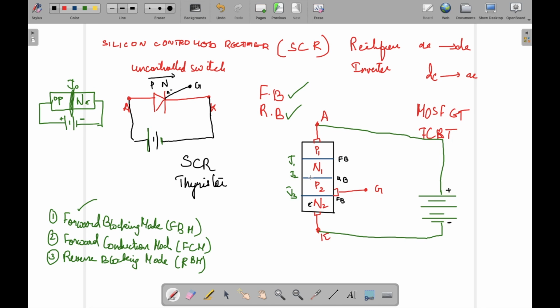That is because at J2 we have a security guard, and that guard is the gate. So this gate is controlling the opening of J2. Since we have not connected anything to the gate, or we are not exciting the gate, or we have not told the guard to let the person enter, this is known as forward blocking mode. Here we have blocked the entry, and that is called forward blocking mode.